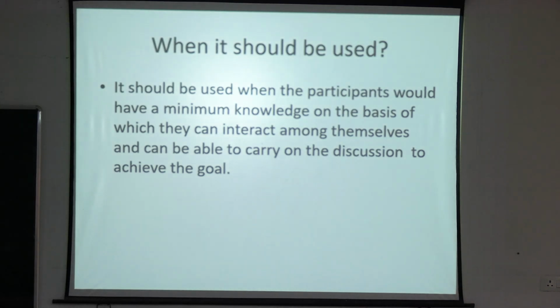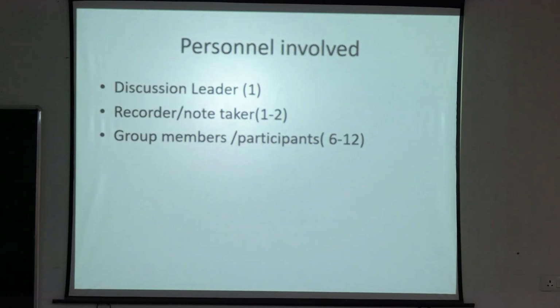Only one discussion leader will be there who can assist the group. I should not say group members, the word should be participants. So one discussion leader, one recorder or note taker to write the discussion, and last, the group participants.